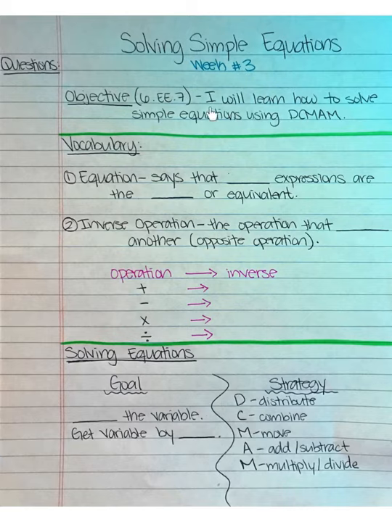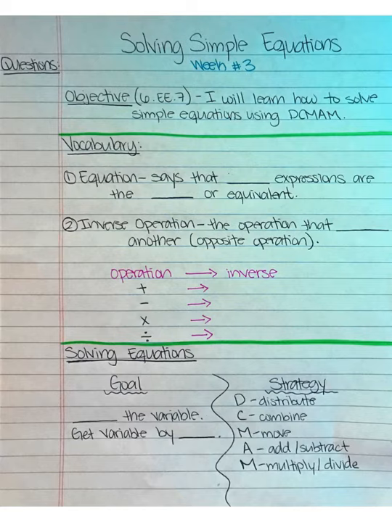So today's objective is: I will learn how to solve simple equations using DC-MAM. Simple equations because they're only one step to solve, and DC-MAM is that strategy that we're going to be using. It's an acronym that stands for something. We'll talk about that a little later. Kind of like how for adding and subtracting integers we use CSAS, for solving equations we use DC-MAM.